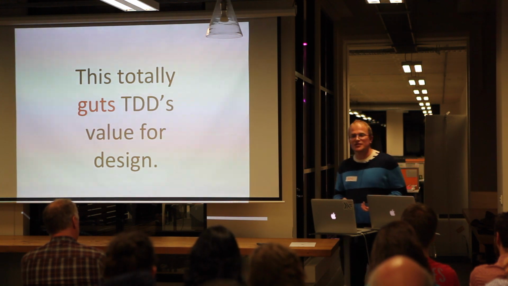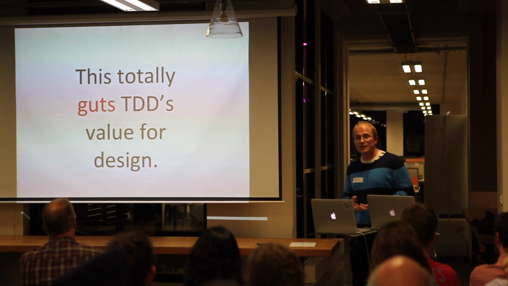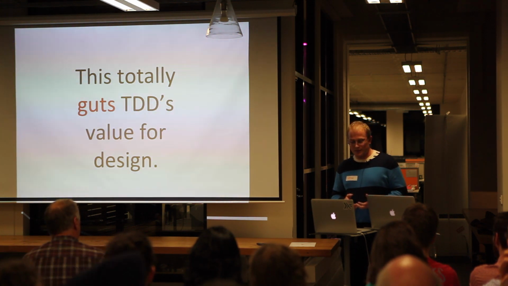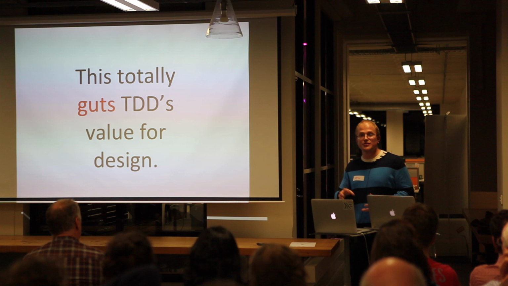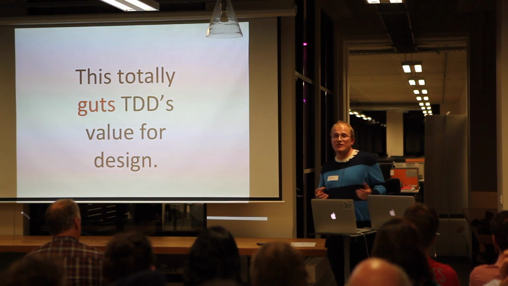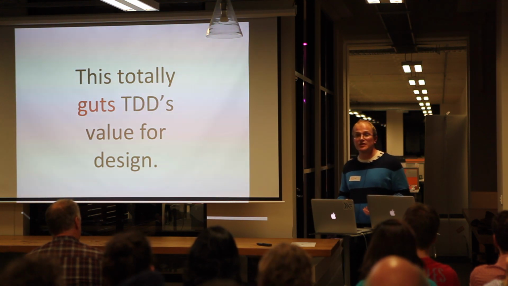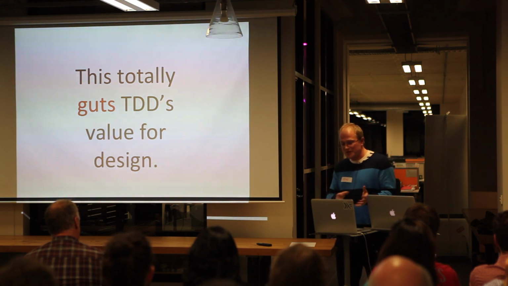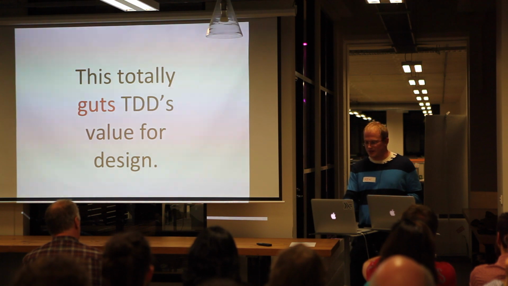And this really guts its value as a design methodology. And so I find that often TDD code that uses a lot of mocks and stubs will actually have a really terrible separation of concerns, because it doesn't need to have a good separation of concerns. So this is a negative side effect, I think.